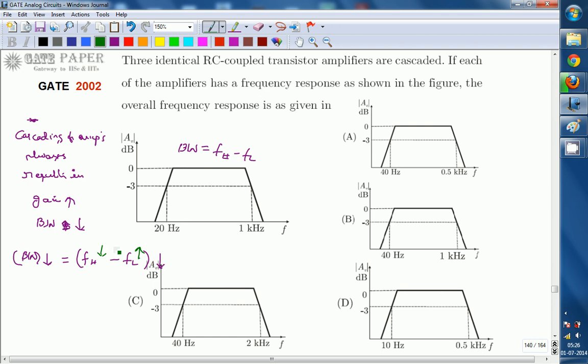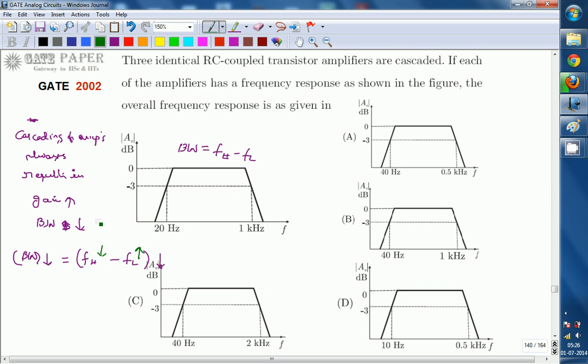So whenever amplifiers are cascaded, gain increases and bandwidth reduces, because the lower cutoff frequency increases and the upper cutoff frequency reduces, so the difference gets reduced. That means the bandwidth is reducing. With the help of this statement, we can easily identify the answer. Later we will see with exact equations whether we get the same answer.